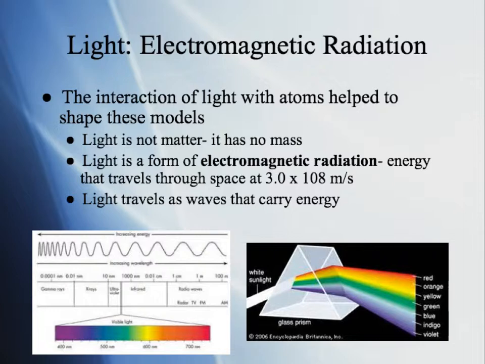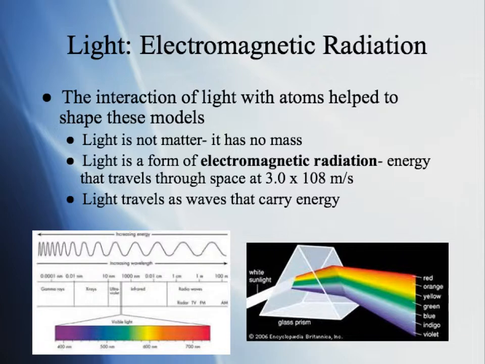Because in Niels Bohr and Schrödinger's experiments, they were basically using or observing light, and making their observations and hypotheses and theories from that. And so they used the interaction of light with atoms to help build and shape their models. So we need to learn a little bit about light.